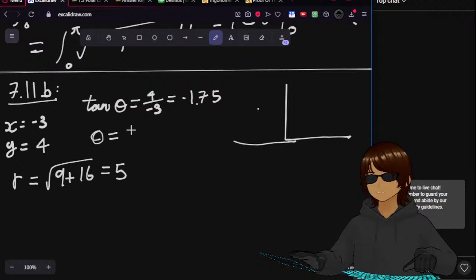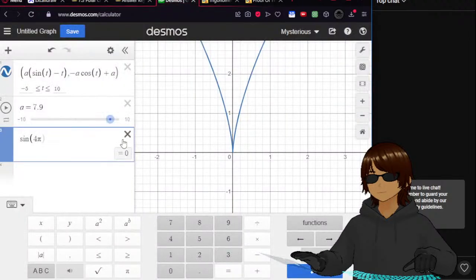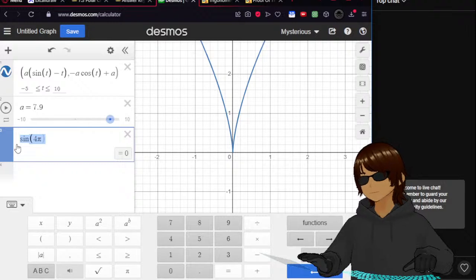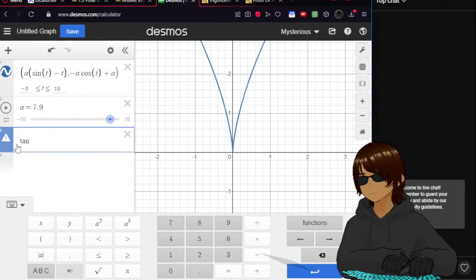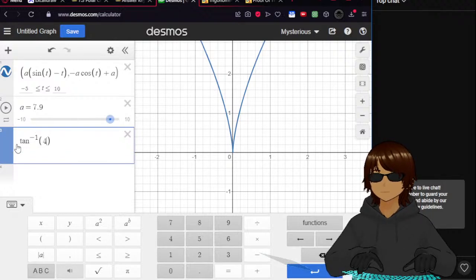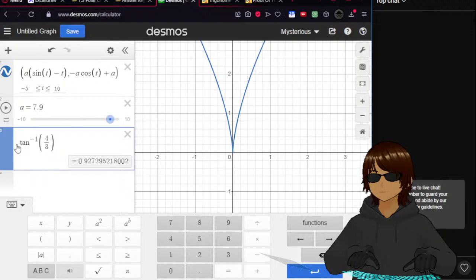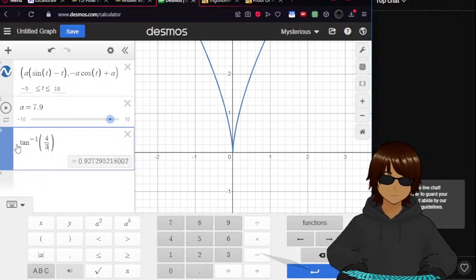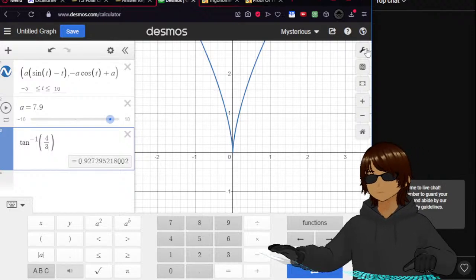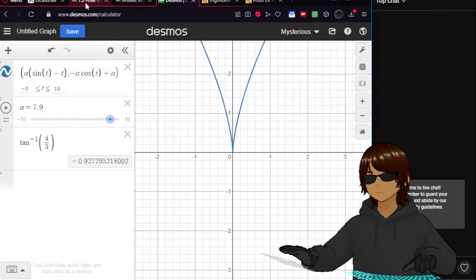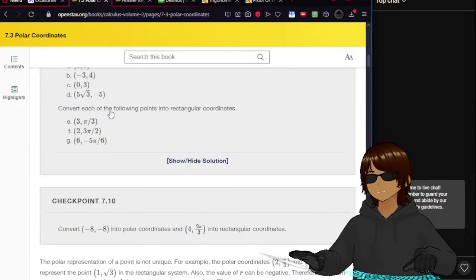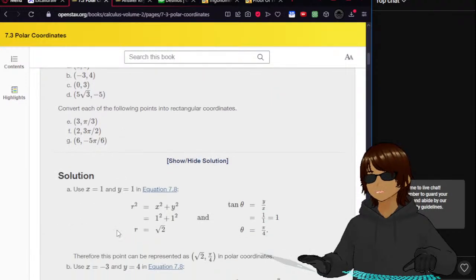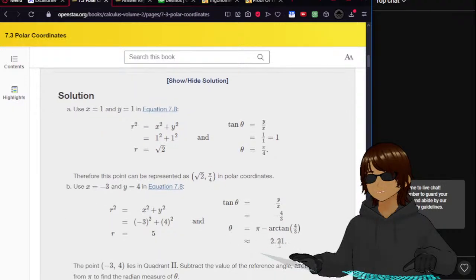So theta is 0.92729. Let me see what is spot B. It says 2.21. R tan 4 over 3.